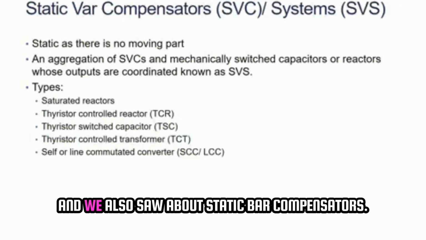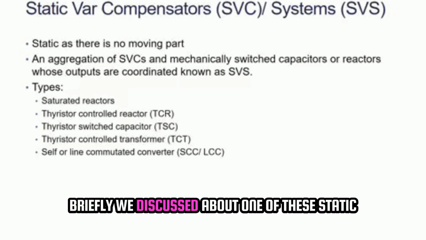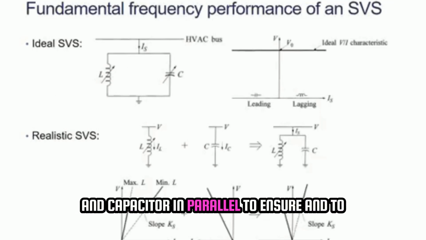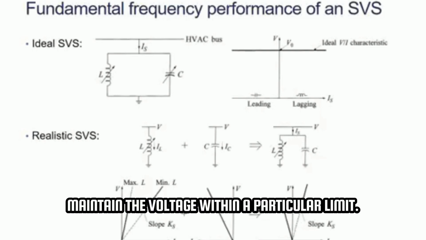We also saw static power compensators. Briefly, we discussed one of these, where you can use an inductor and capacitor in parallel to ensure and maintain the voltage within a particular limit.